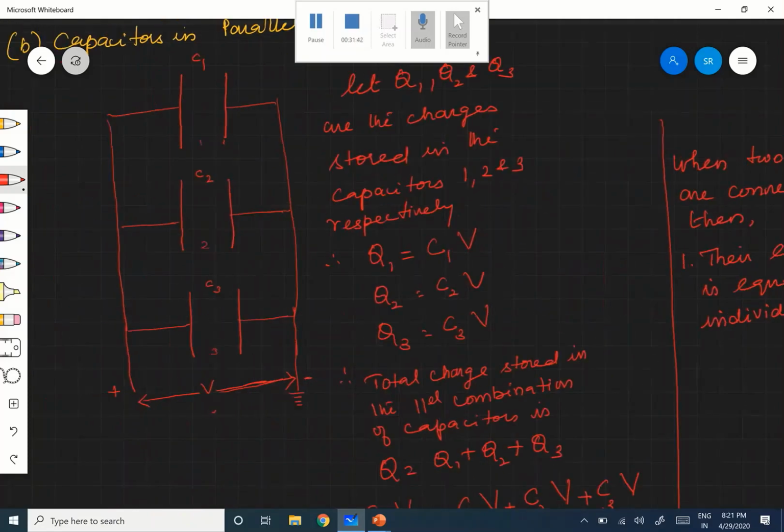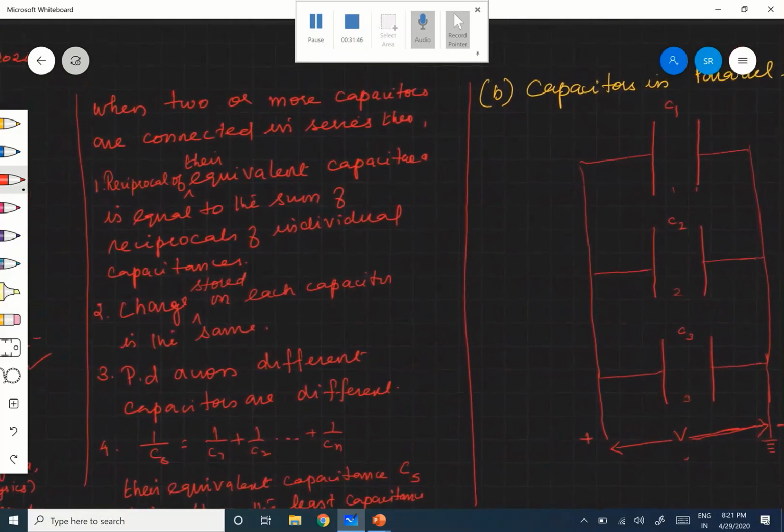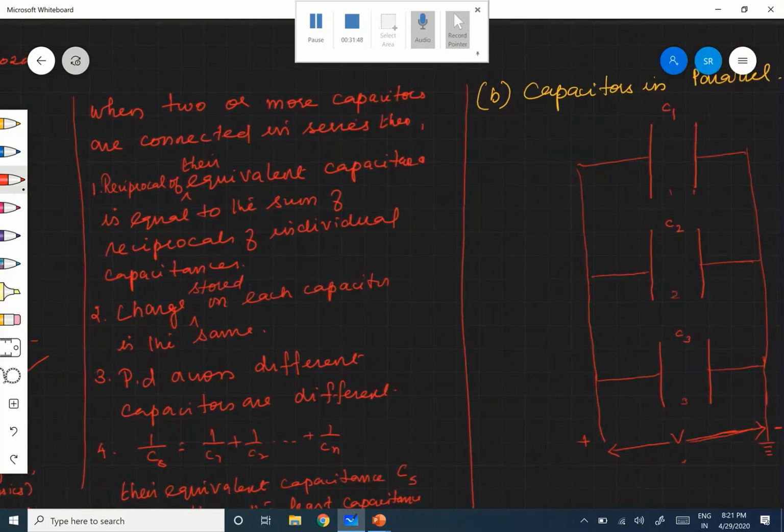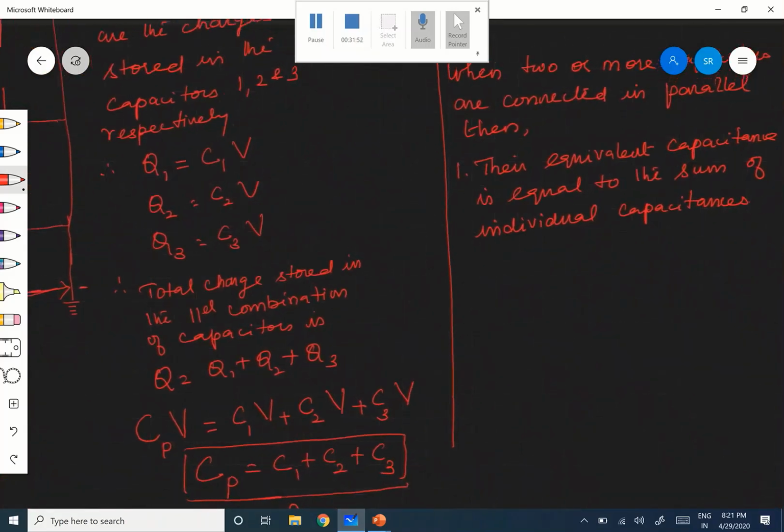Same thing, in series combination the reciprocal of the equivalent capacitance is equal to the sum of the reciprocals of the individual capacitances. Here, in parallel, the equivalent capacitance is equal to the sum of the individual capacitances. Number 2: the potential difference across every capacitor is the same when they are connected in parallel.